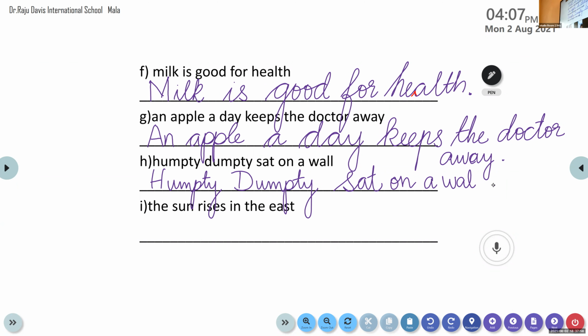Let them finish, my dear children. Then we can do it. I'm waiting for everyone to finish. Ma'am, next. Ma'am, Angela. Ma'am, Karthik. Okay, I'll be calling all of you, my dear children. I'll be calling each one of you. Children, please do write neatly in your English grammar workbook.